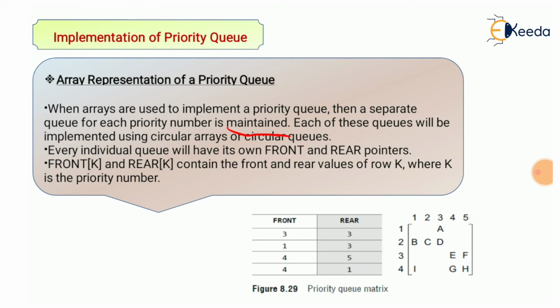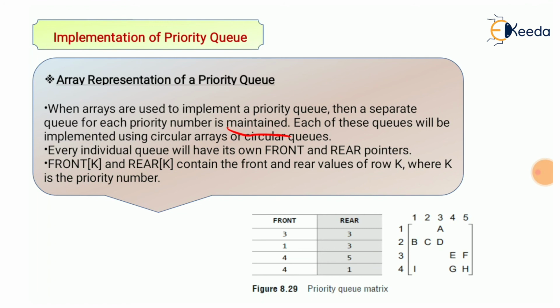The circular queue we already discussed in the previous slides. So you understand what a circular queue is, and that circular queue itself we use to implement the priority queue by using array representation. In front of you there is one figure which represents the priority queue matrix.